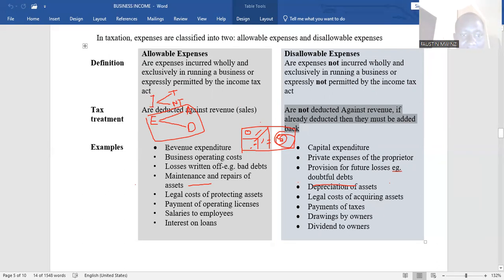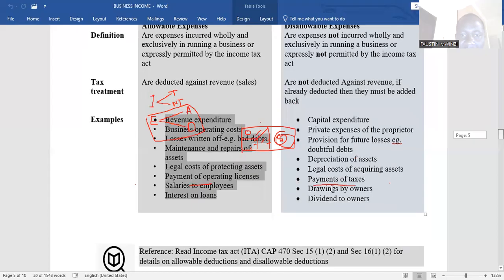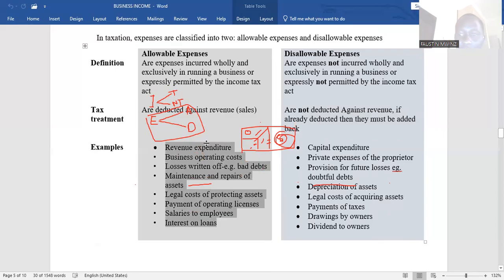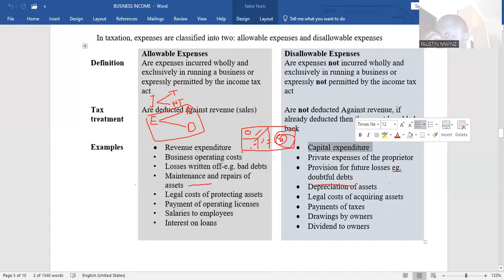Examples of allowable expenses. I think I have nice notes. This is written so precisely. Examples of allowable expenses. One is revenue expenditure, and in contrast, we have capital expenditure. Revenue expenditure is allowable, capital expenditure is not allowable.